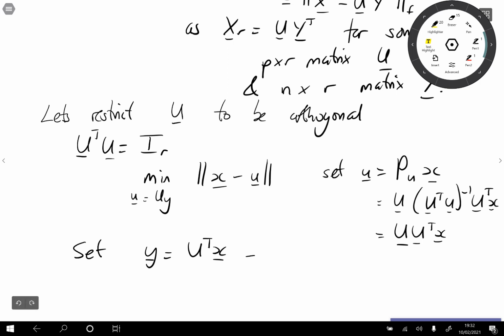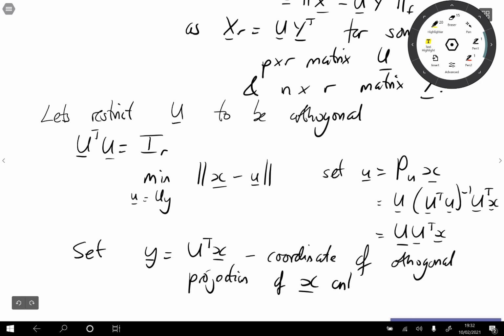So this is telling us that we must set Y equal to U transposed X. This is the coordinate of the orthogonal projection of X onto the columns of U, the column space of U. We've seen that before in chapter 3. So what's left? We said we wanted to minimize X transposed minus UY, Frobenius norm.